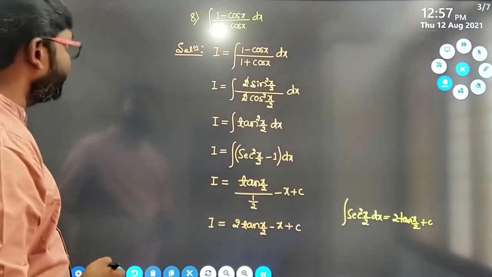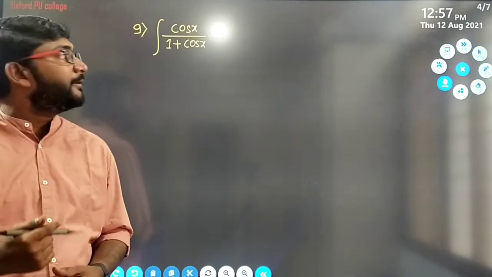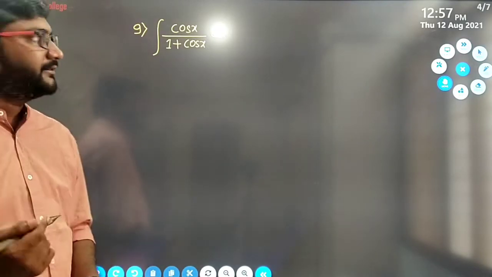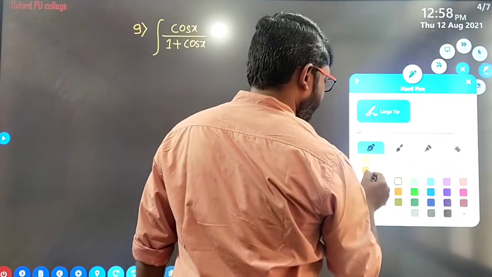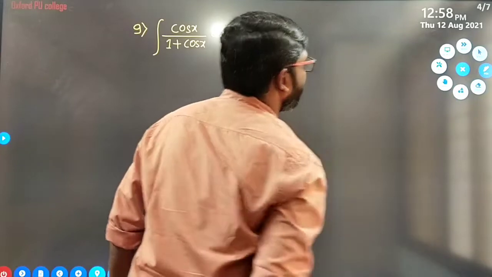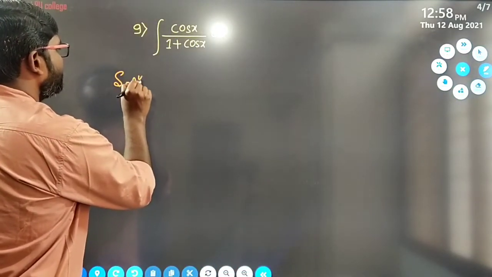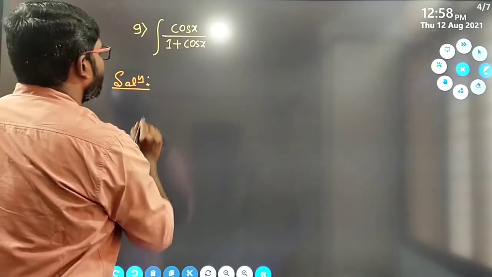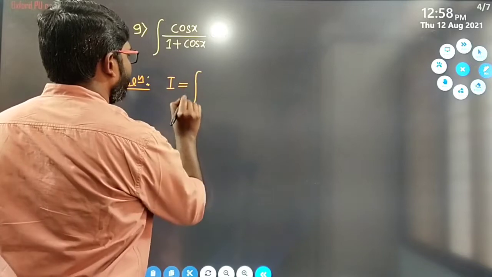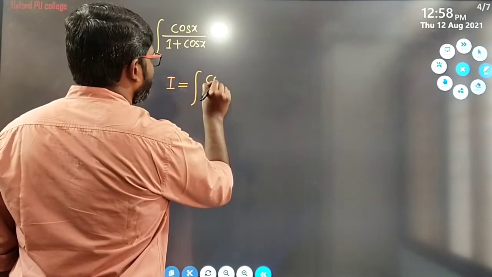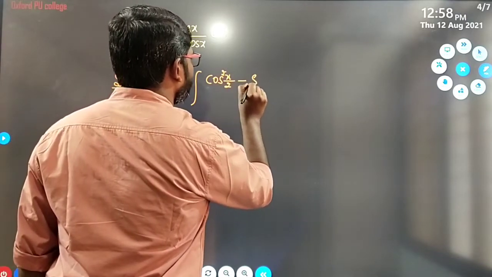That is question number 9. Well, question number 9 is the integral of cos x divided by 1 plus cos x dx. Let us go into the solution. I, which is equal to the integral of cos x, can be written as cos square x by 2 minus sin square x by 2.